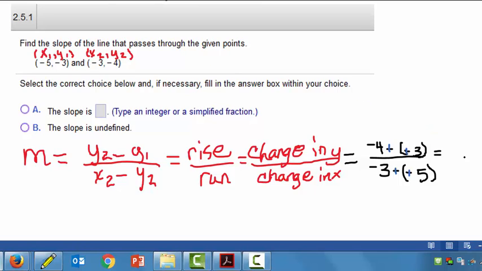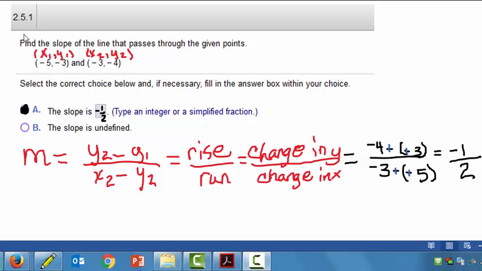So we have negative 4 plus 3, which is negative 1, over negative 3 plus 5, which is 2. So our slope is negative 1/2. So I would be selecting A and entering that as my answer. Of course, the box would allow your answer to fit in if you were actually doing this online.